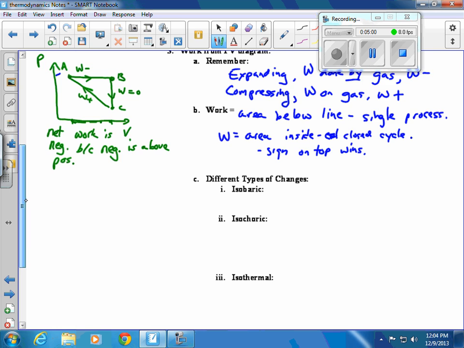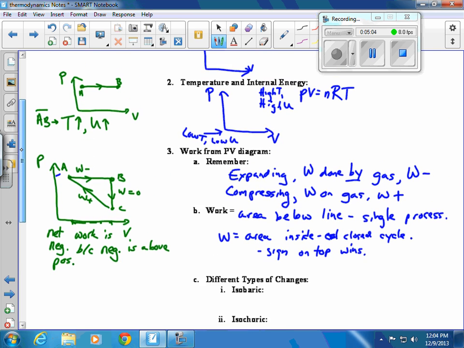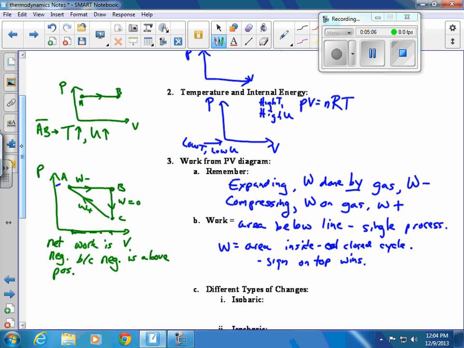Now, I want to make a note of something here too, because I didn't put it in here. Actually, we'll go back up to temperature and internal energy. For a closed cycle, delta U is 0 because you return to the same temperature, okay?